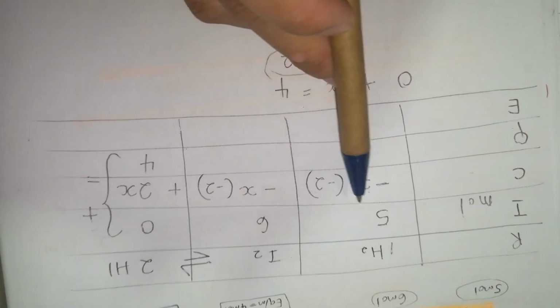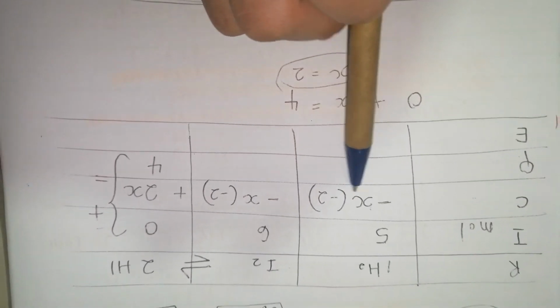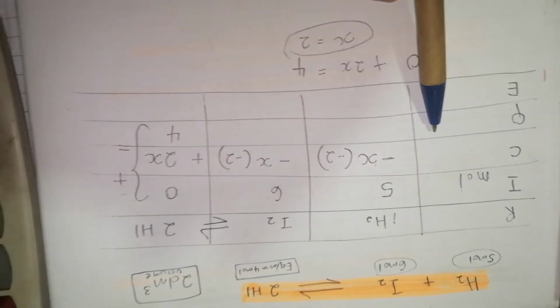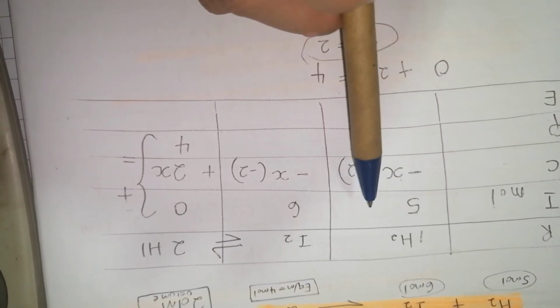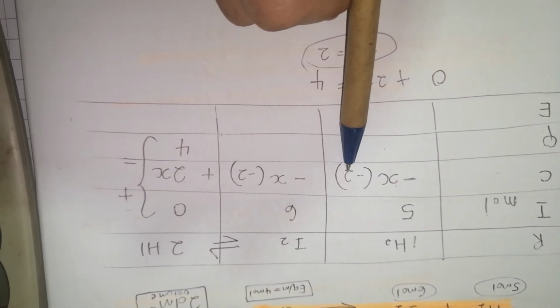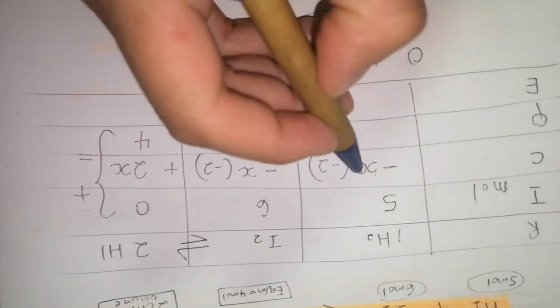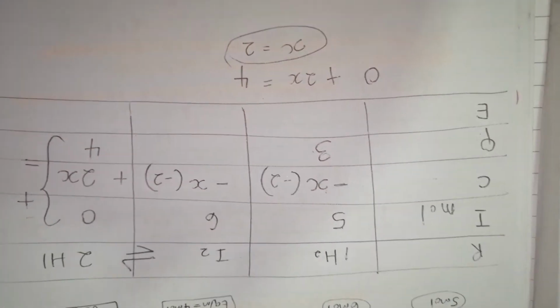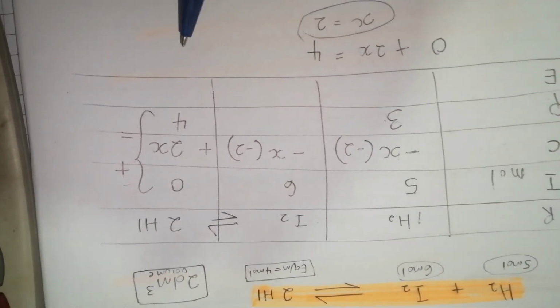Now that we know the initial moles of the reactants and we know the change, we can work out the equilibrium moles. So we're just going to say initial minus change will give you this. So we're going to say 5 minus 2, which will give you 3, and this is how many moles you have left over at equilibrium for H2. And we're going to do the same thing for I2.